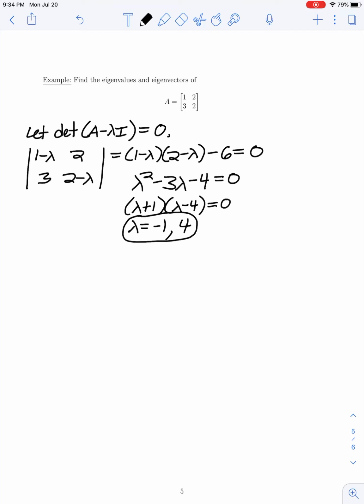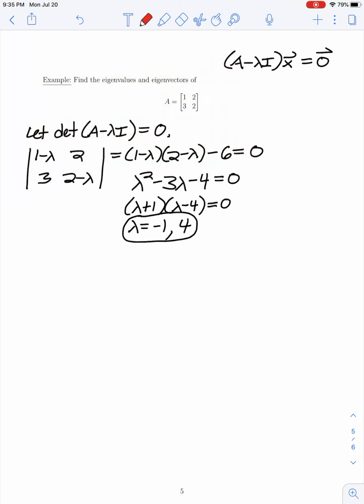So let's take a look at finding the corresponding eigenvectors. Recall that the equation we're solving is (A minus lambda I) times some vector x equal to the 0 vector.